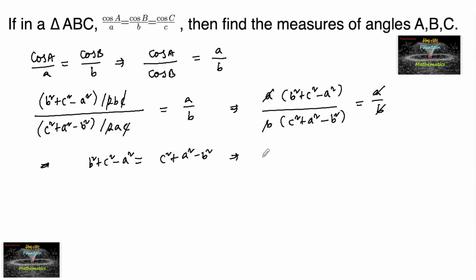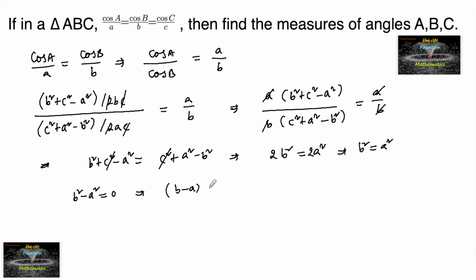So b square will come to this side, 2b square, and c square and c square get cancelled, and here a square plus a square, that is 2a square. So which implies b square is equal to a square, that is b square minus a square equals 0.